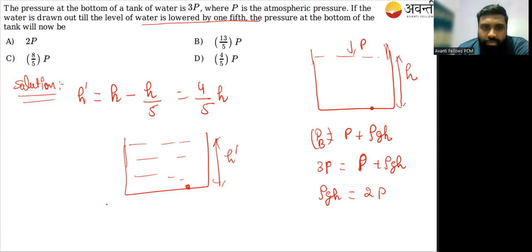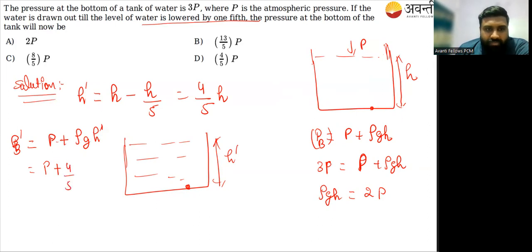So the pressure at the bottom, Pb dash, will be P atmospheric plus rho g h dash. Now p plus, what is the meaning of this rho g h dash? Put the value of h here. h dash is 4 by 5 times of h.